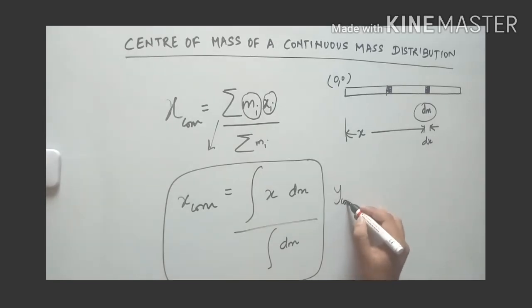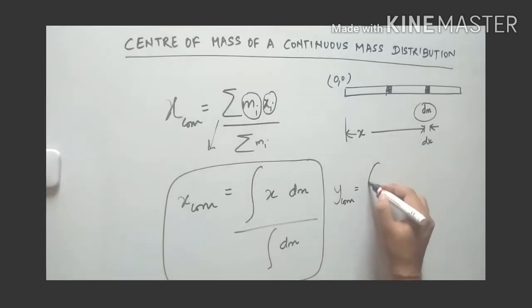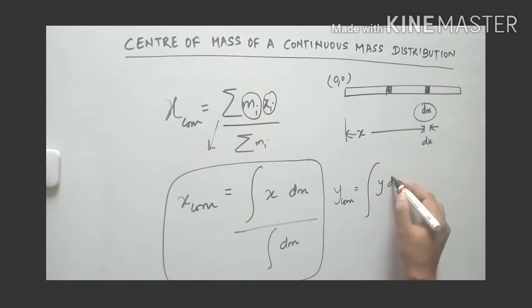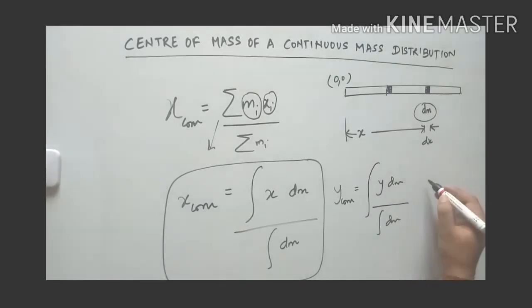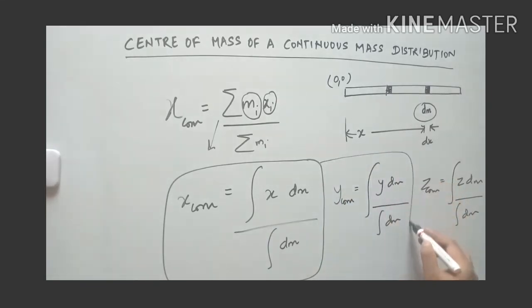Similarly, y COM will be integration of y dm by integration of dm, and z COM can be found by using integration of z dm by integration of dm. Is it clear? This is how we can find the center of mass of a continuous mass distribution.